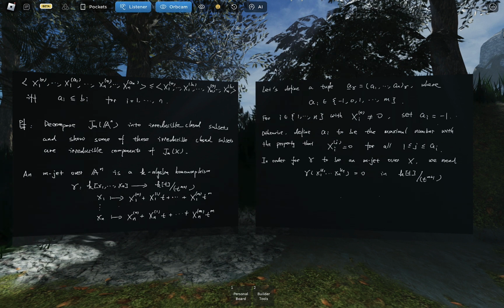Let's spell out what this image is. Because all terms before a1 plus 1 are vanishing, we just erase them. So we start from degree a1 plus 1 terms.